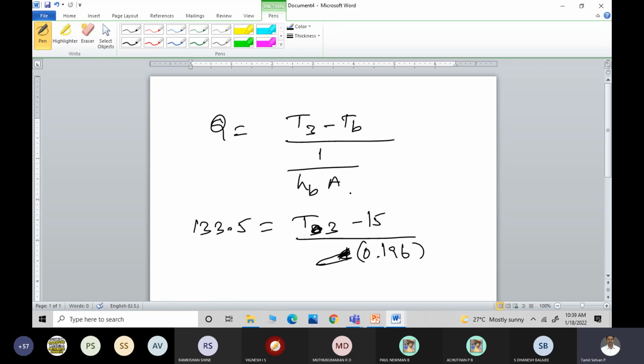So we can find T3 like this also. Please cross verify whether you are getting the same T3 value.